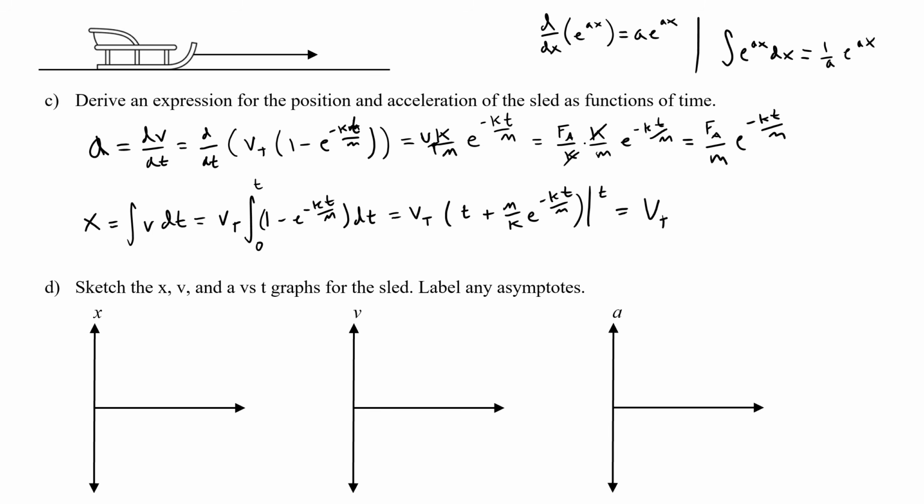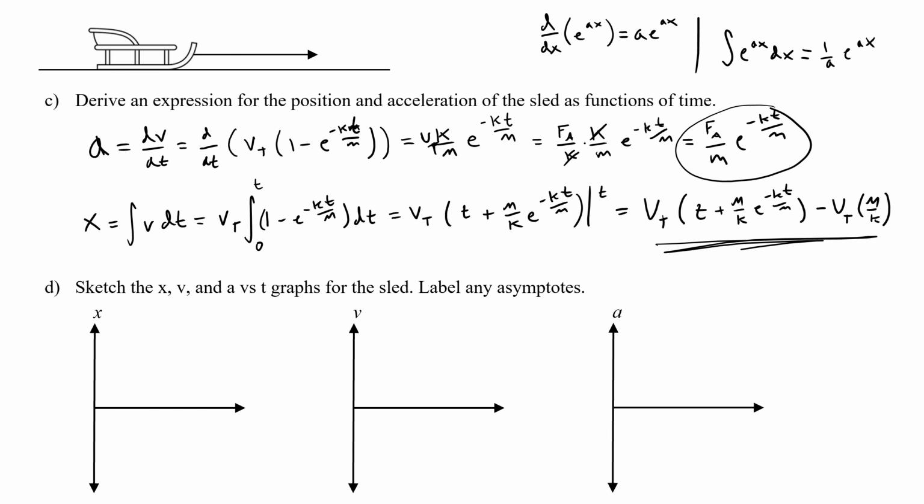Pause, maybe try and explain this to yourself if you want, or prove it, but you're going to end up with t plus m over k, e to the negative kt over m, minus vt m over k, which I'll stop there. We could replace vt if we wanted to, but this is good enough for us to talk about what the graphs are going to look like.